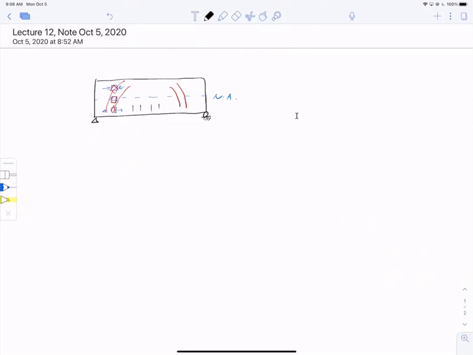Now we designed previously mainly the longitudinal reinforcement, and this longitudinal reinforcement takes care of the flexure cracks.